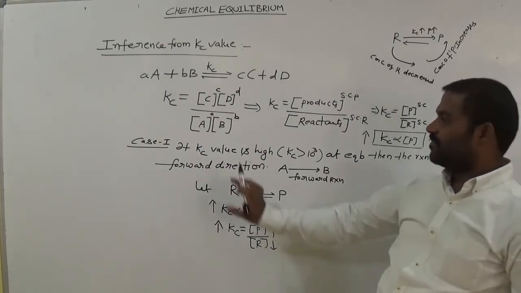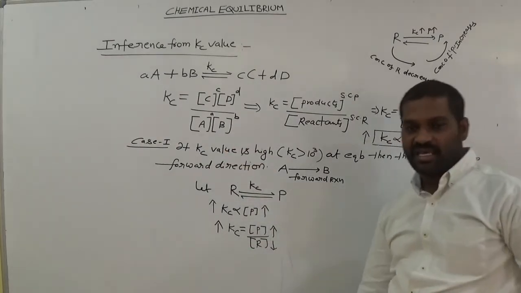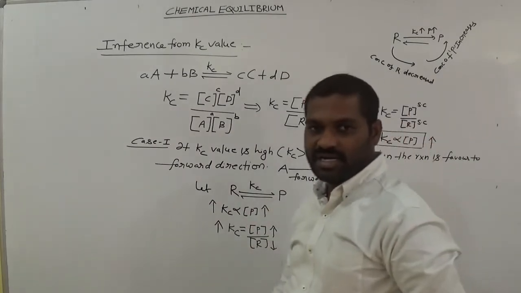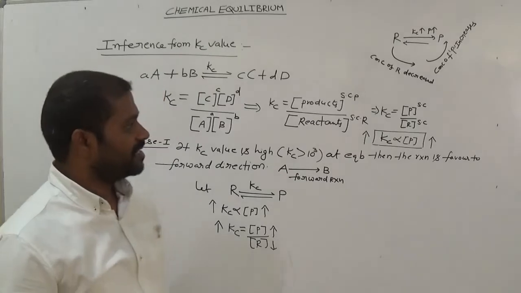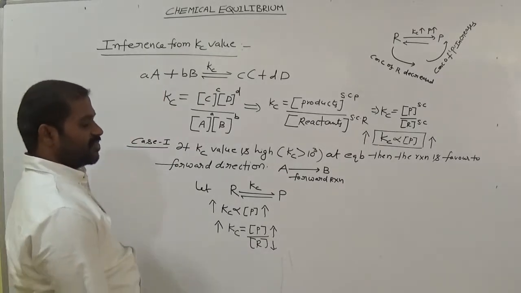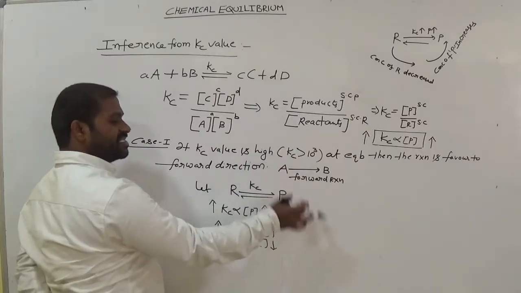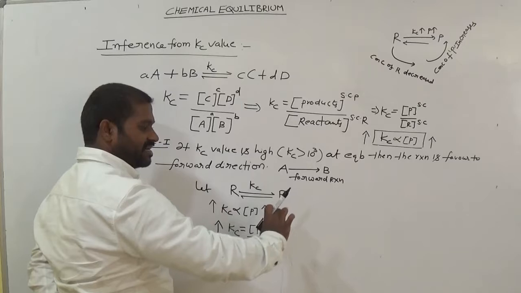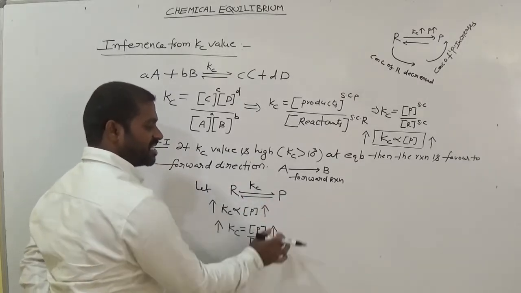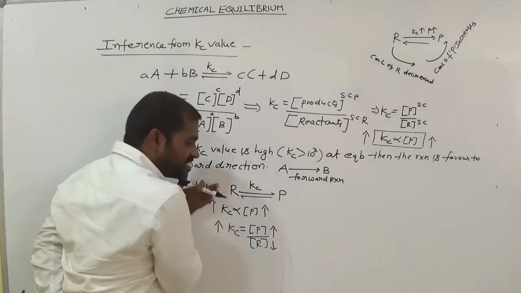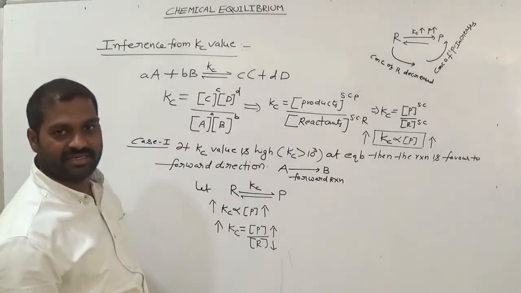So in the case of a high value of Kc, the reaction is in the forward direction. Clearly. The product concentration increases, and the reactant concentration shifts to the product side. That means a decrease in the concentration of reactants and an increase in the concentration of products, so the reaction takes place in the forward direction.